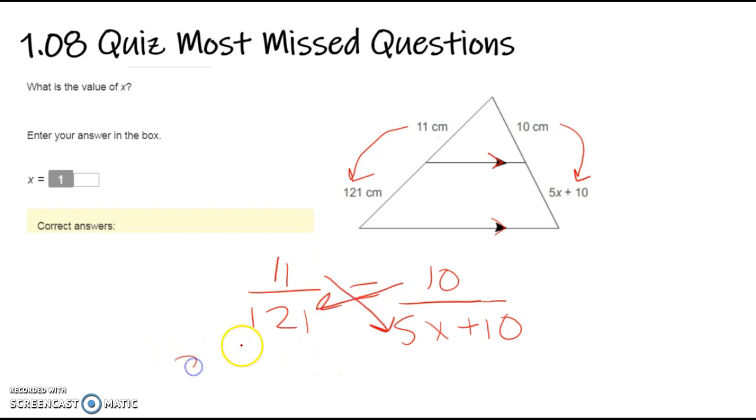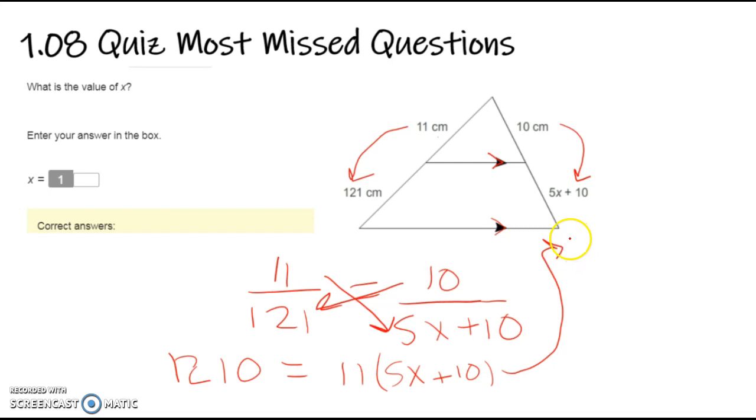This gives you 1,210 equals 11 times 5x plus 10. That winds up with 1,210 equals, and we're distributing, 55x plus 110.